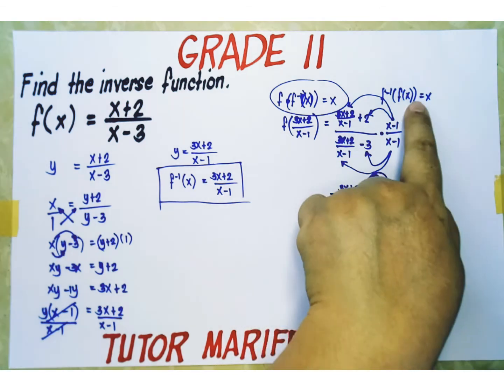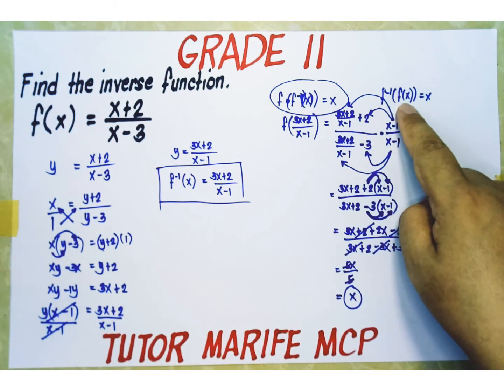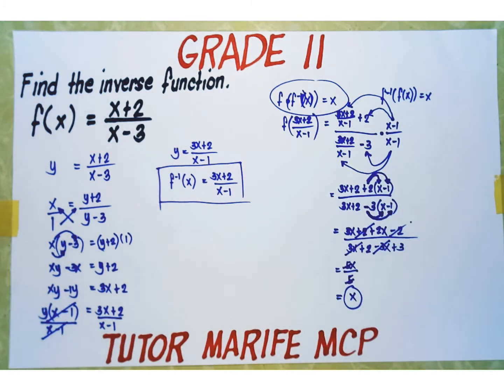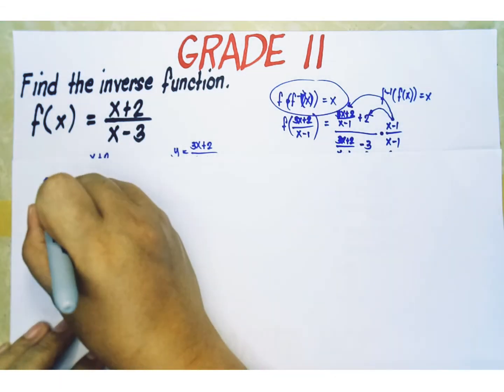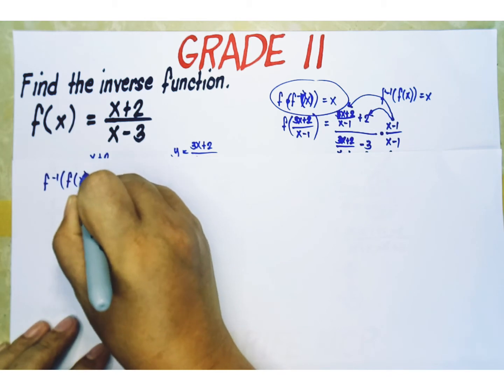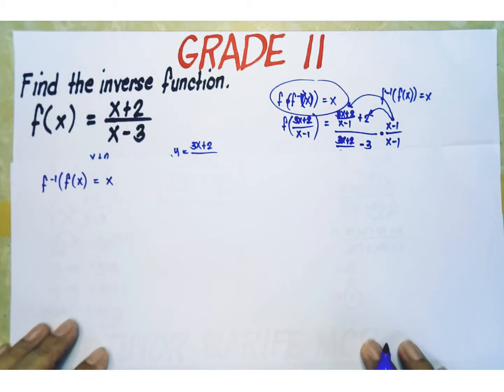Okay? Next, we have to show that f to negative 1 of f of x is also equal to x. So let's use another paper. F to negative 1 of f of x should also be equal to x.